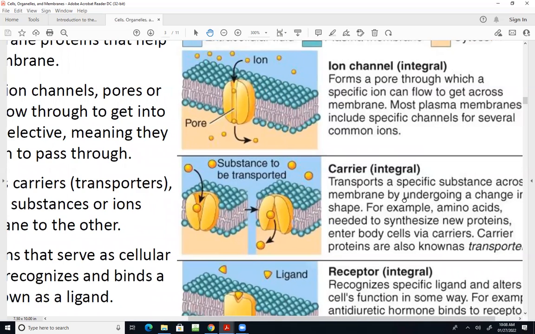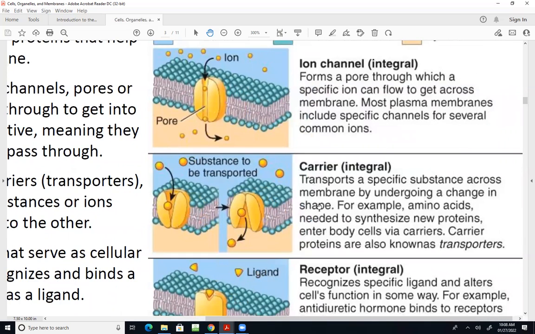So the key here is it changes a physical shape, where at one point it's more open to the outside of the cell to allow the substance to bind to it, and then it changes its shape and the opening allows for that substance, whatever that is, to be spit into the cell. So when you came into your classroom, were you using something more like a channel or a carrier?